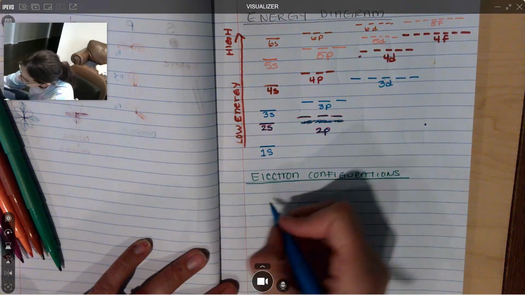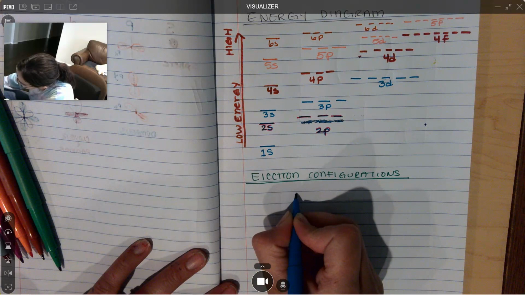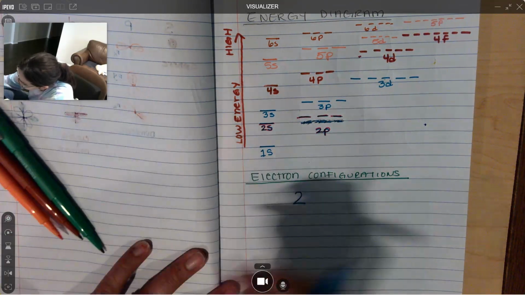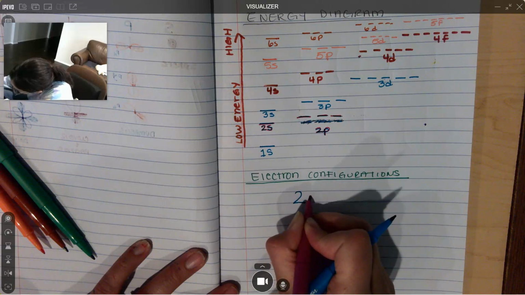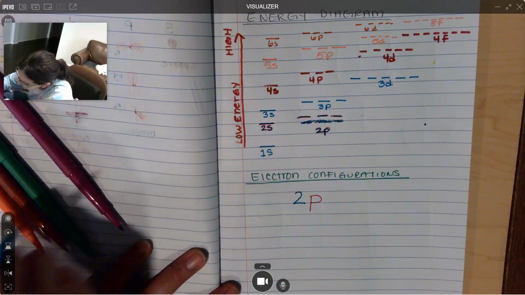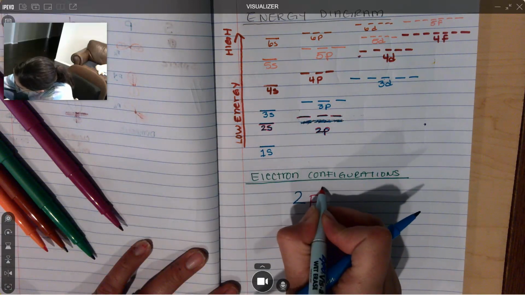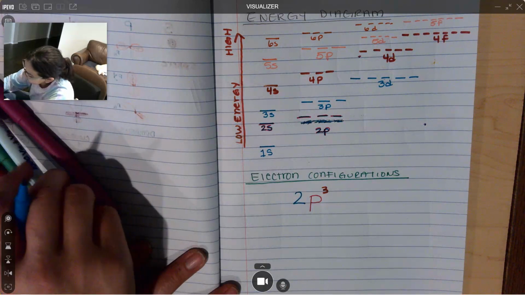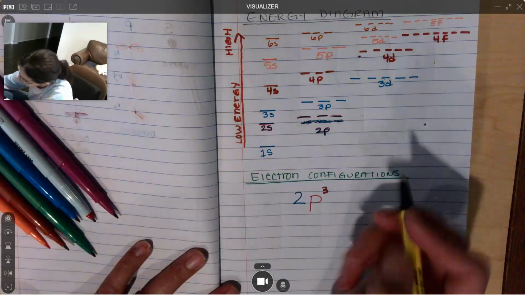So let's start with an example and show what everything means. I'm going to show you a simple electron configuration. And this one is actually not the full configuration. It's just a location kind of thing. So let's talk about what all of these mean.